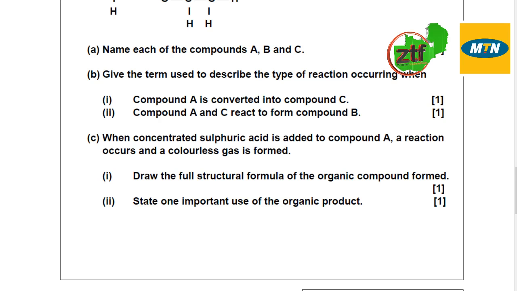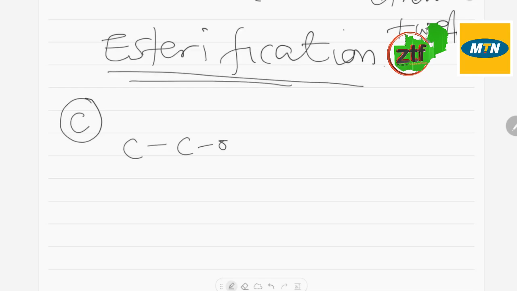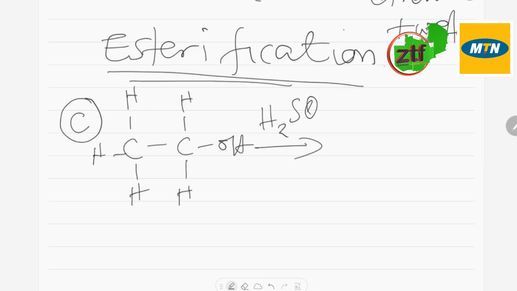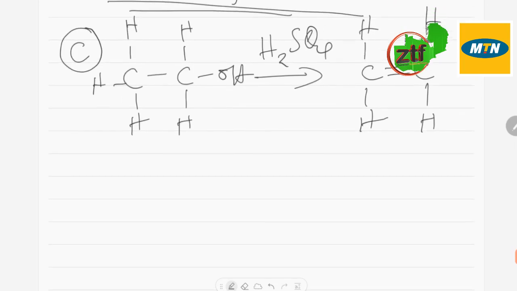So, compound A, when it is treated with sulfuric acid, is going to form a compound which has a double bond, which is known as ethene.